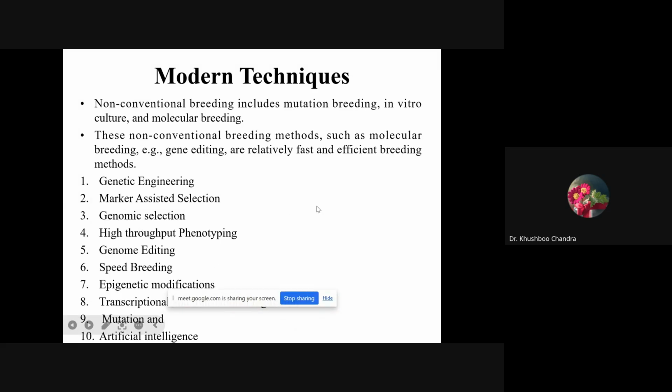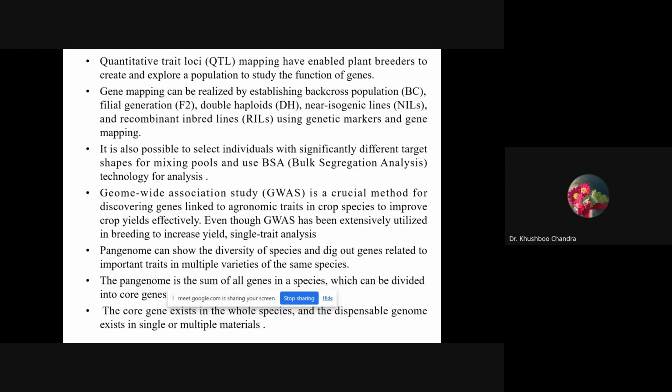I have already listed a few of the techniques, so we will discuss them one by one. Now coming to QTL, this has also enabled plant breeders to create and explore different functions of genes. During gene mapping, we have also established different backcross populations, filial generations, double haploids, NILs, RILs, by using different genetic markers.